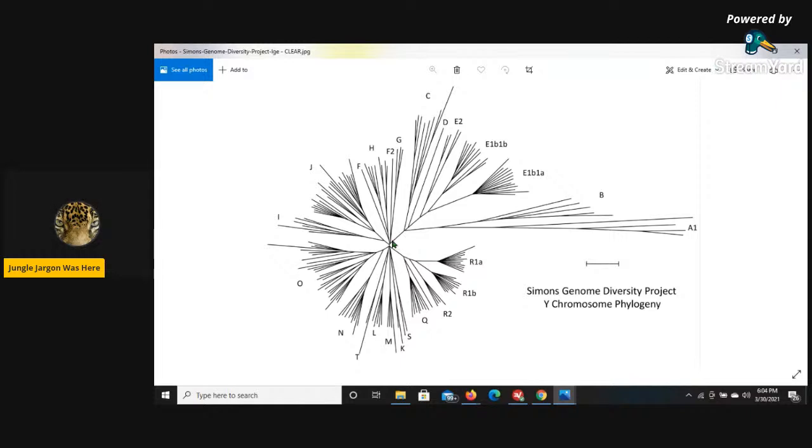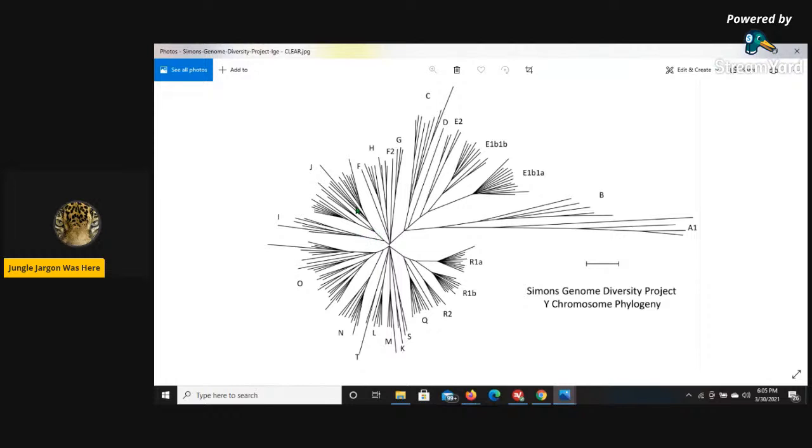Because the three sons, Shem, Ham, and Japheth, had identical Y chromosomes. Of course, the 10 tribes of Israel originally had the identical Y chromosome to Jacob.